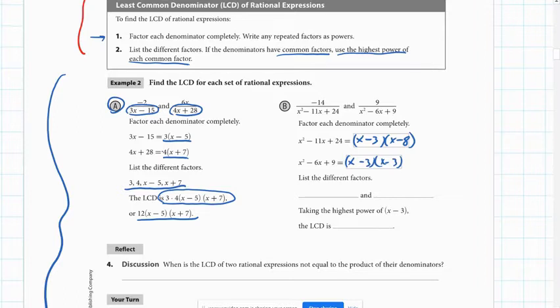And the different factors are only x minus 3 and x minus 8. Okay, so this one has x minus 3 squared, whereas this one only has x minus 3 to the first power. So we take the highest power. So taking the highest power of x minus 3, we get x minus 3 squared times x minus 8.